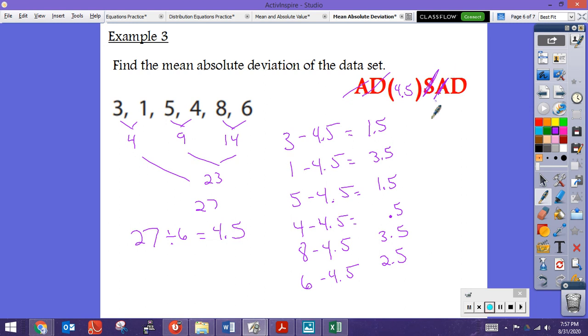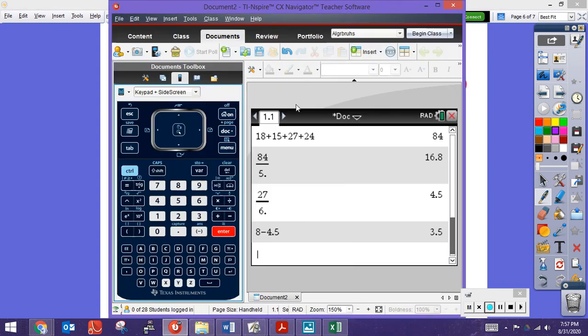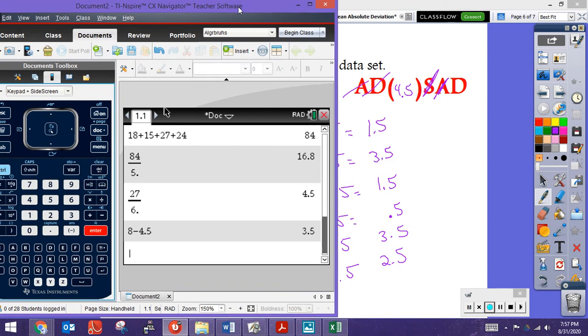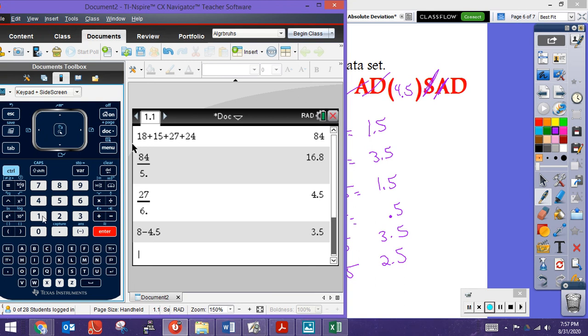The next step is to add. So you're going to just add all these numbers up. 0.5 plus 3.5 plus 1.5 plus 0.5 plus 3.5 plus 2.5. Right?